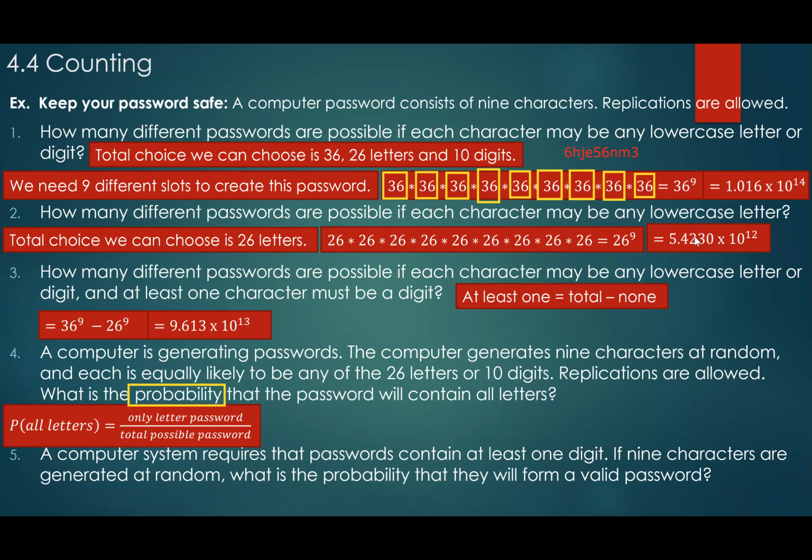Do you agree that the answer in number two is my total number of ways with just letters by itself? This answer does not have any digit in it. So all I need to do is take number two, which is 26 raised to the 9th power, those are my letters, divided by the total possible passwords I can generate, which is 36 raised to the 9th power.